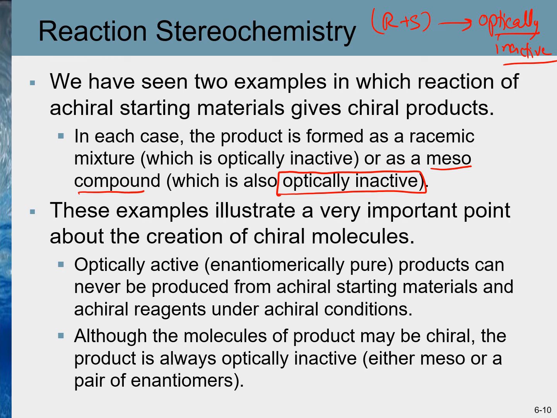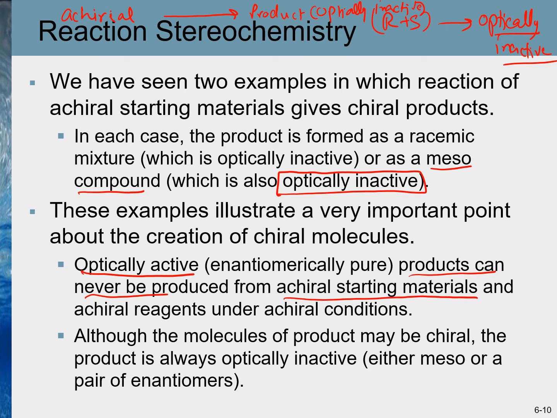So that point is that if we start with an achiral compound, our product will always be optically inactive. We may get chiral centers, but it will be optically inactive. So therefore we can say that optically active products can never be produced from achiral starting material.